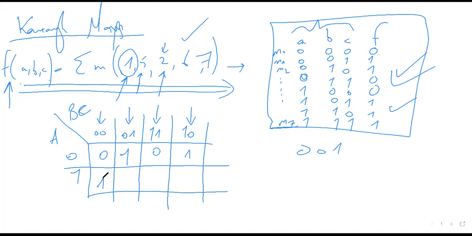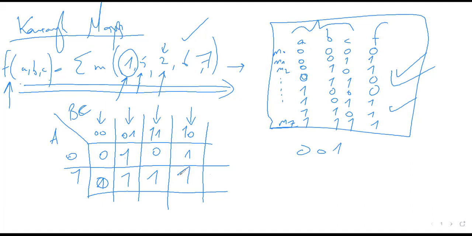This box, 0, 0, 1, 1, 1, 1. Those participating know exactly what I'm doing here. If you don't, it means you are missing something. You can ask in the group to understand how we came up with this Karnaugh map.